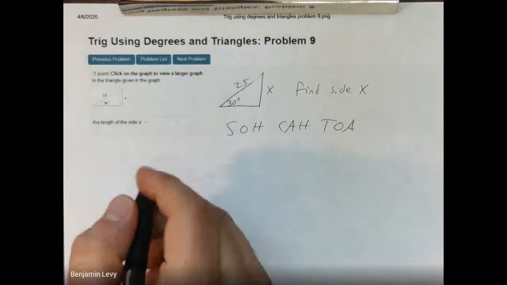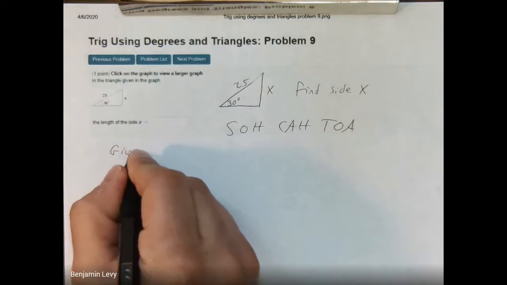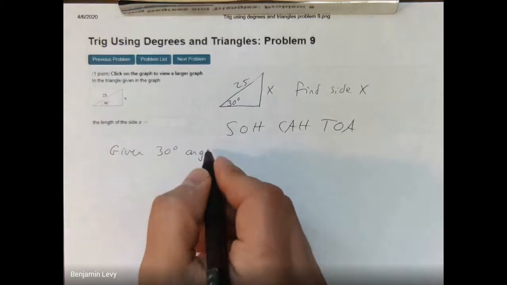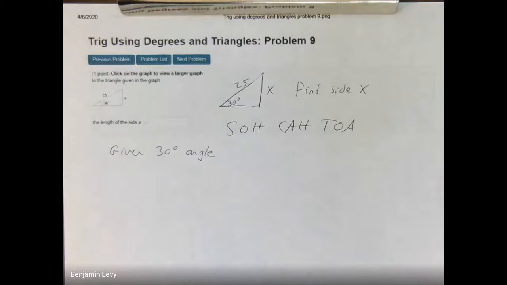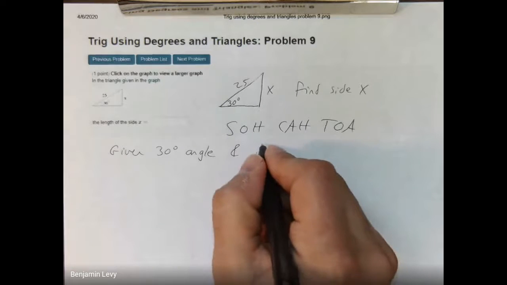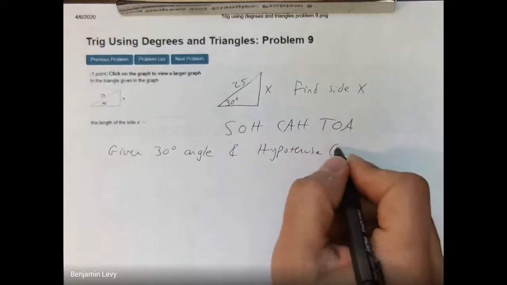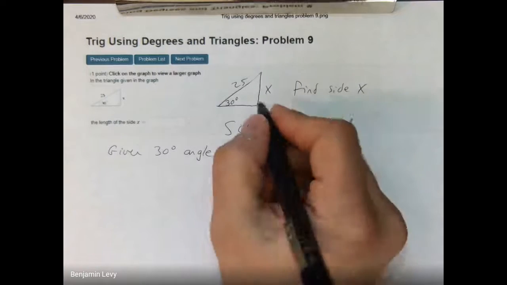What we have here is we're given the 30-degree angle and the hypotenuse, right? The side 25 is the hypotenuse because it's opposite the right angle.